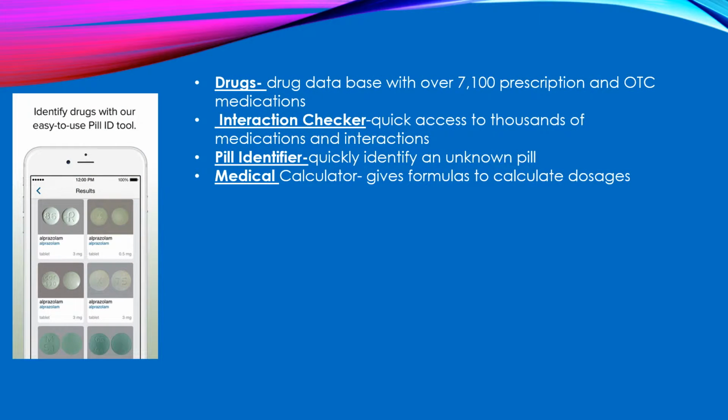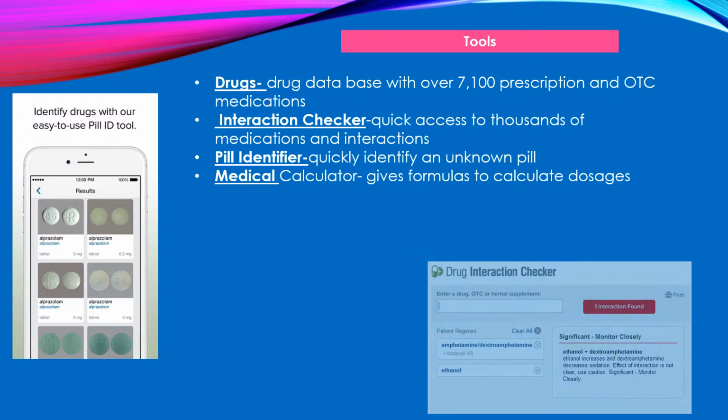The next piece of available information on Medscape, under Drugs and Diseases, is the Tools section. Tools provide an extensive drug base with over 7,100 prescriptions and over-the-counter medications. The interaction checker allows you to pick 2 medications to view their interactions.